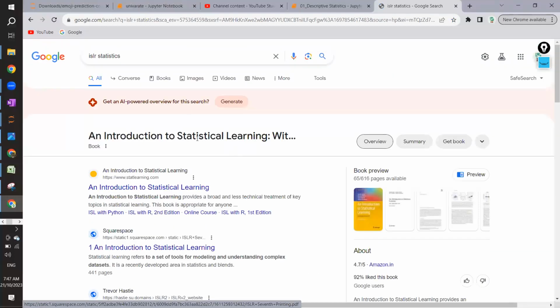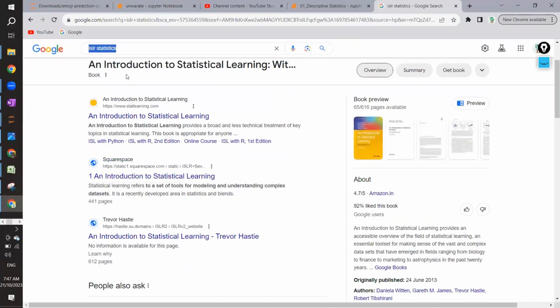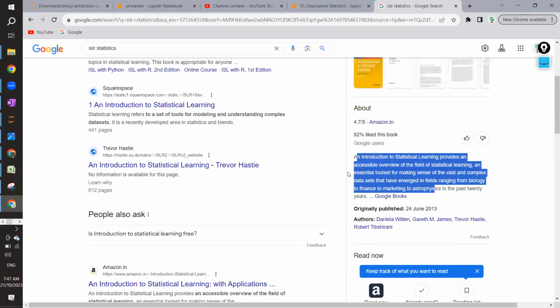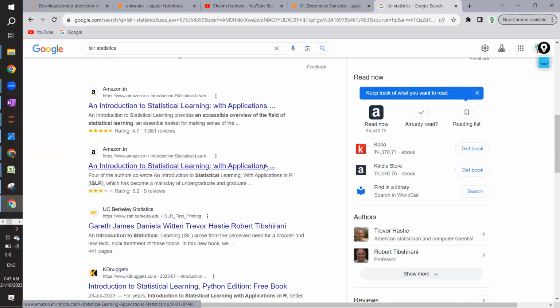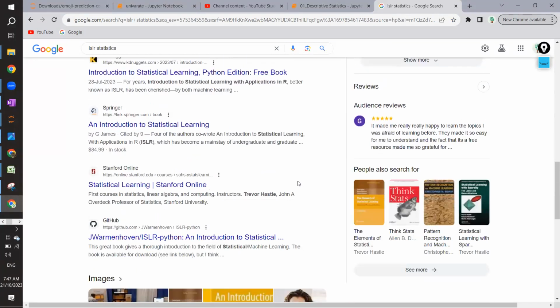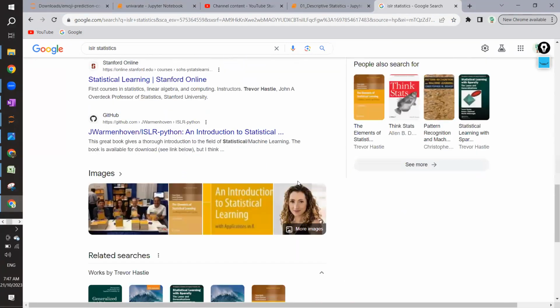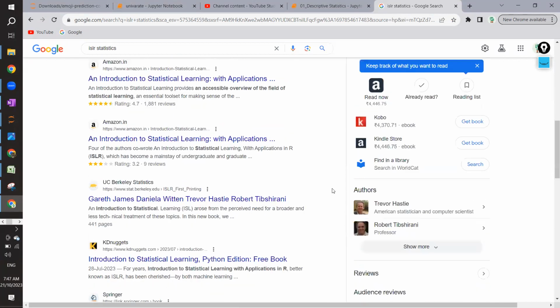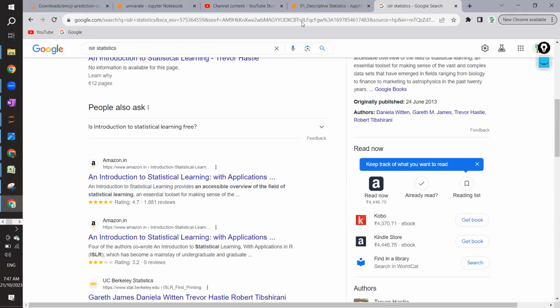I'm putting it in the chat, you can copy this. This is one of the famous books in the data science world. It will give you an introduction to statistical learning and teach you in the simplest way. If you want to go to the next level, you can study this book, or else you can revisit the class and try to make some notes.